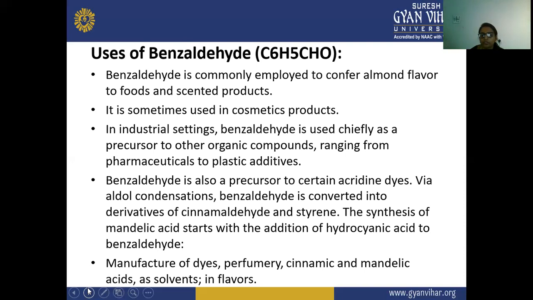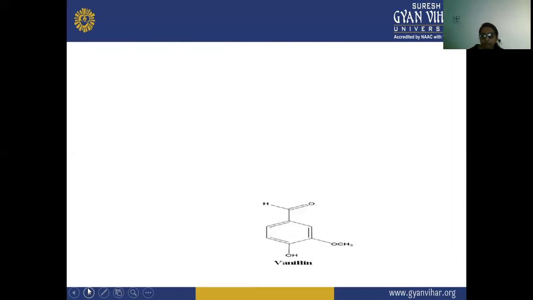And this benzaldehyde is also a precursor to certain acrylic dyes, and by aldol condensation, benzaldehyde is converted into derivatives of formaldehyde and styrene. The synthesis of mandelic acid starts with the addition of hydrocyanic acid to benzaldehyde, and it is used in the manufacture of dyes, perfumery, ceramic, and mandelic acid as solvent and flavor.